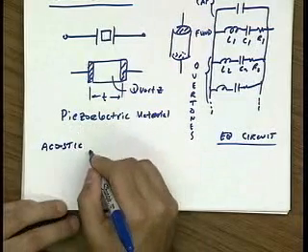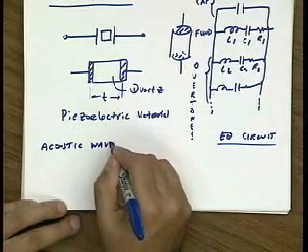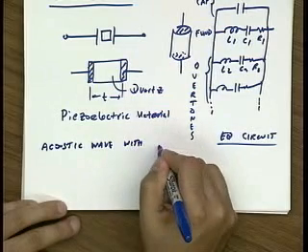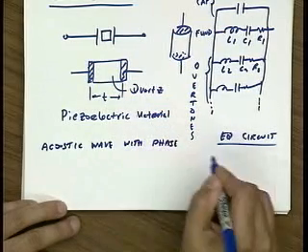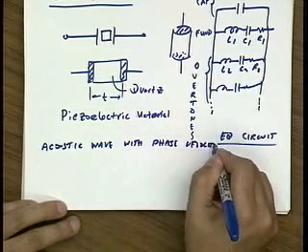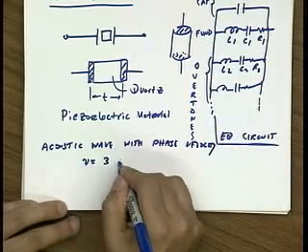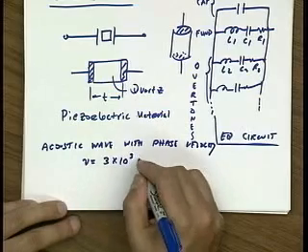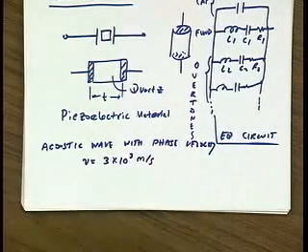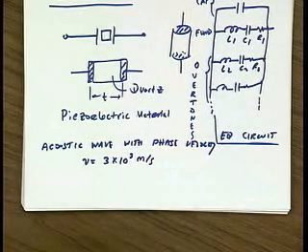Talk a little bit about the acoustic wave properties. The acoustic wave has a phase velocity v of about 3 times 10 to the 3 meters per second. Let's see if we can do a little bit better with green.